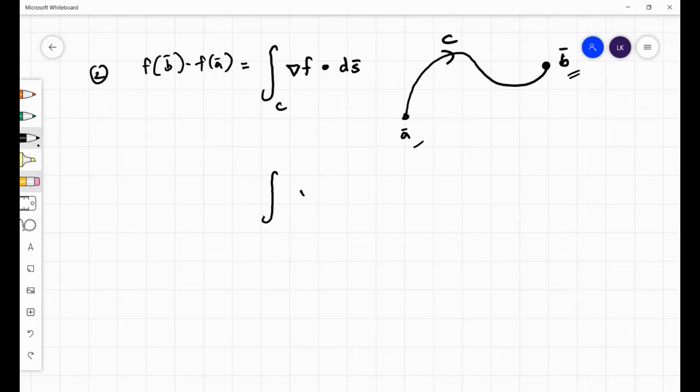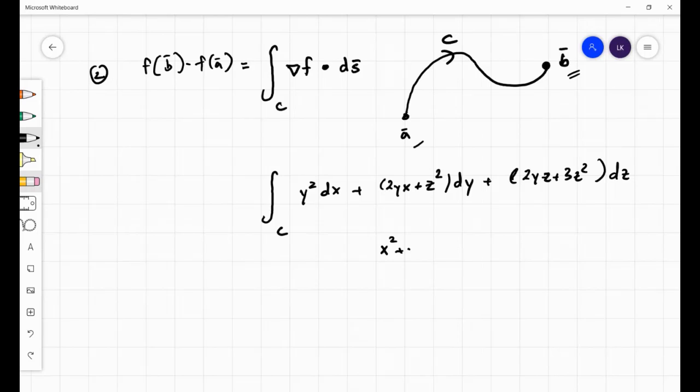you could be asked to find this work integral over a path where the path is along this circle. That's wrong.